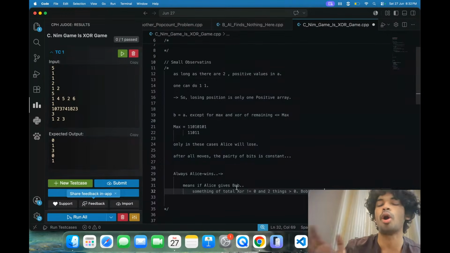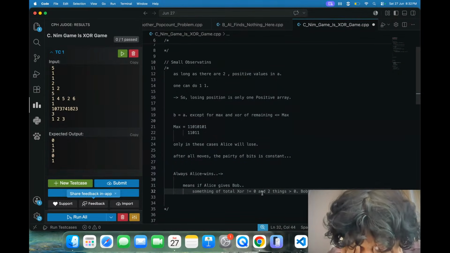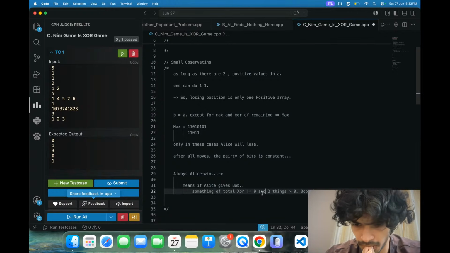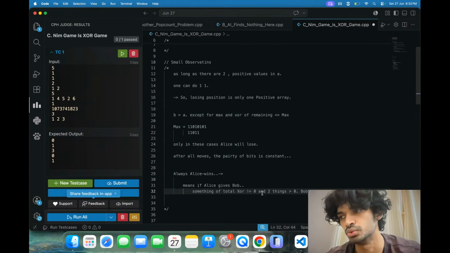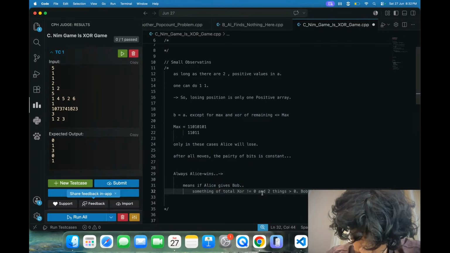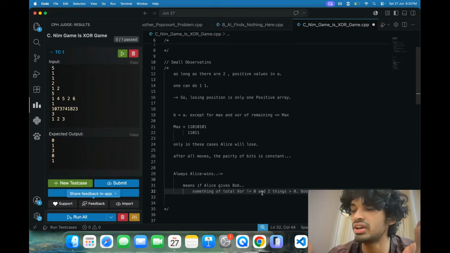Alice should not give Bob a configuration where there cannot be two things and XOR cannot be 0. Okay, what if the XOR is 0 when Alice gives? That means XOR was 0 initially too. And XOR will forever remain 0.